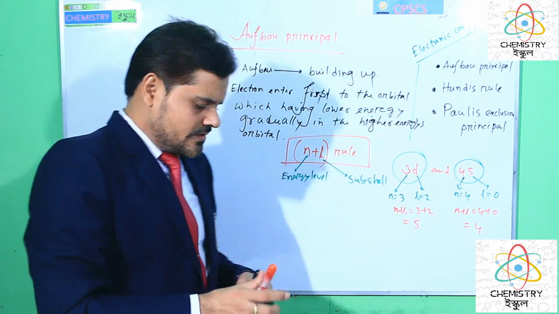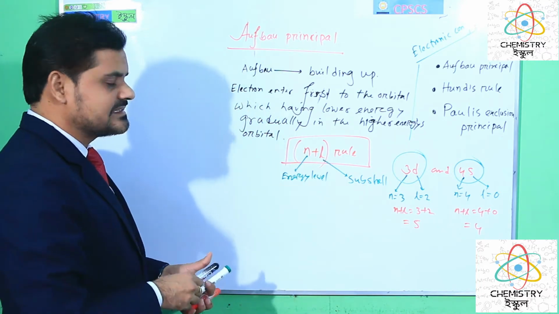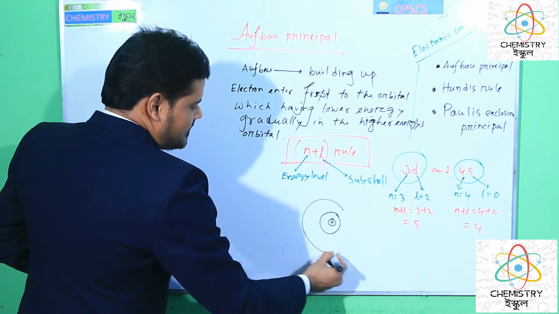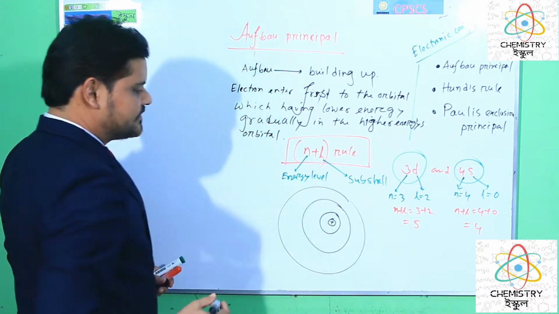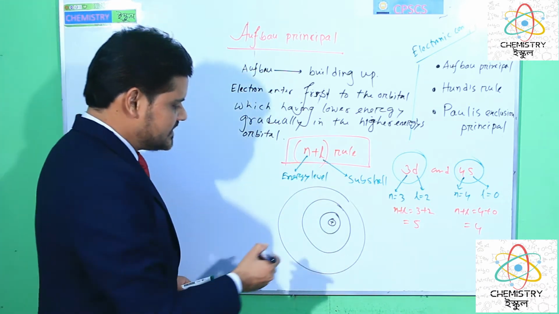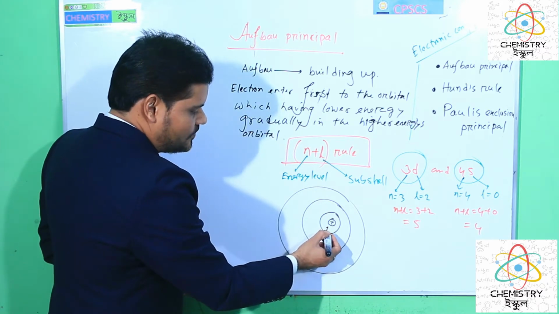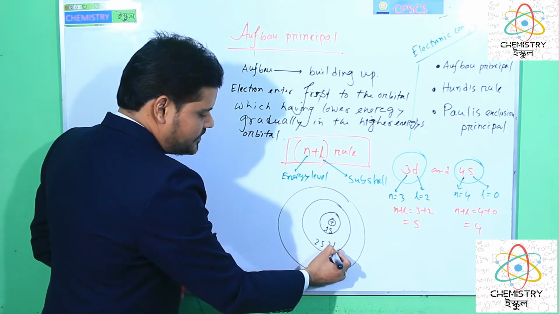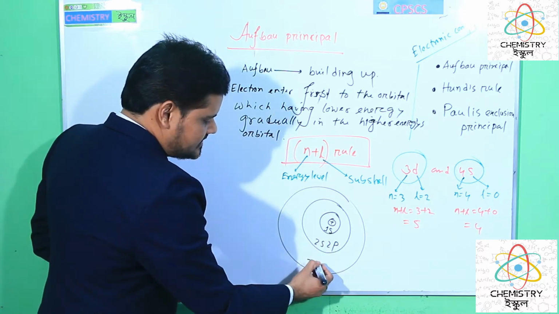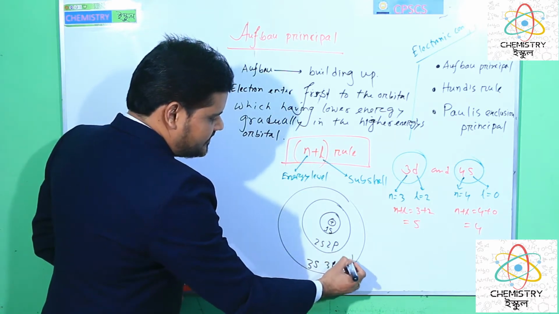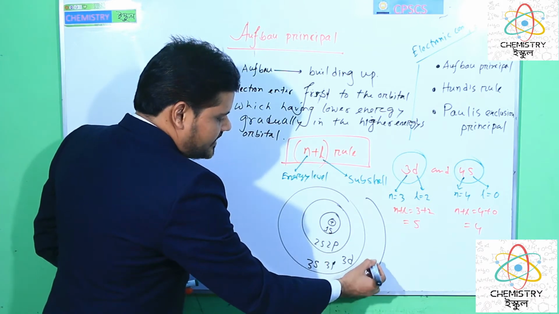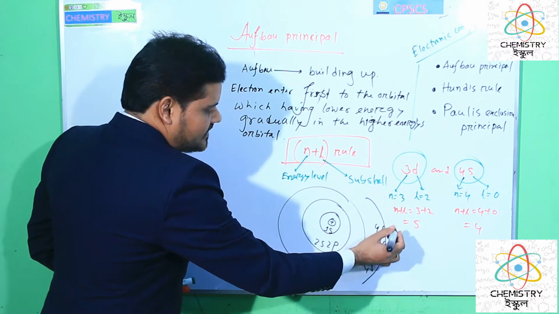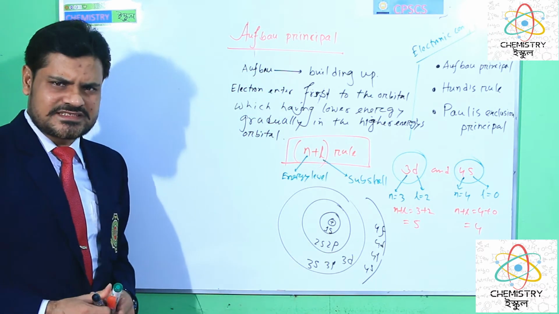Dear learners, look at this. 3d is in the third energy level. If we draw the simple atomic structure, this is the first energy level, where the 1s orbital is present. In the second, 2s and 2p orbitals are present. In the third, 3s, 3p and 3d orbitals are present. And in the fourth energy level, 4s, 4p, 4d and 4f orbitals are present.